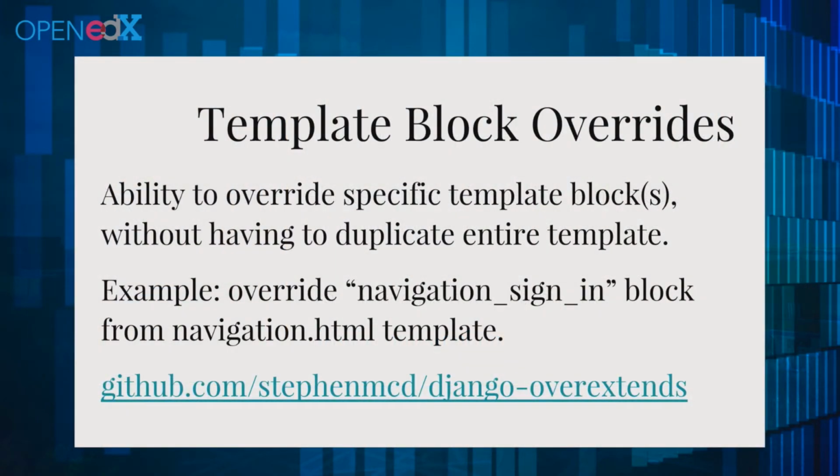You have to copy the whole thing and then maintain it through releases. One example would be changing the login button in the header with a link to a third-party SSO solution. Now, the login button is neatly wrapped in this navigation sign-in block, but unfortunately, there's no way to overwrite just this block. You have to copy the entire template.